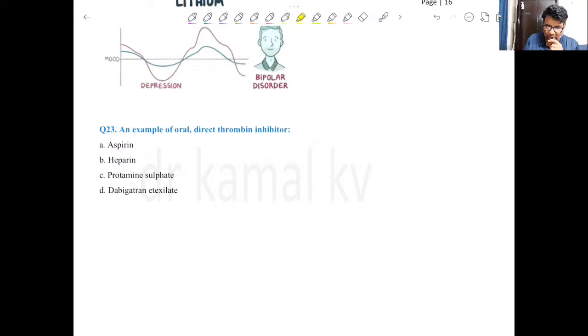Now an example of an oral direct thrombin inhibitor. Now this thrombin is actually needed for conversion of fibrinogen to fibrin, and that will lead to coagulation, right?